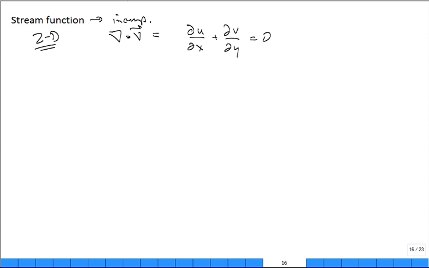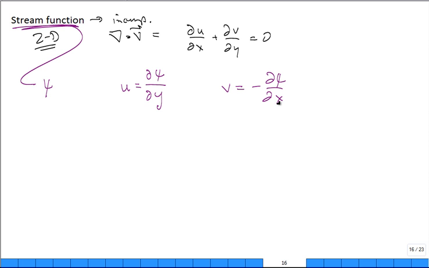They noticed a long time ago that if you could find a function psi, called the stream function psi, such that the partial of psi with respect to y is equal to u, and v is equal to negative the partial of psi with respect to x, then it guarantees satisfaction of the continuity equation.